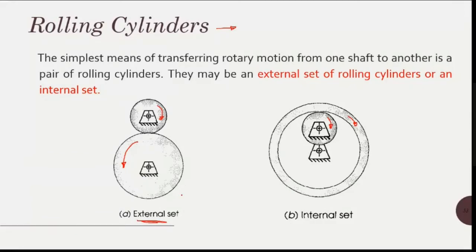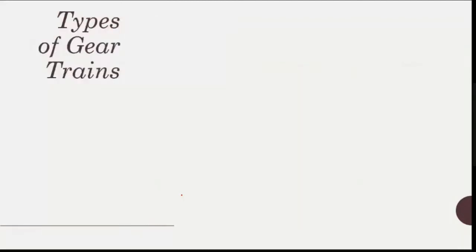So that is the internal type of gears. It depends on the particular situation, whether you can accommodate a set of gears, and then we can follow either external or internal sets. There are different types of gear trains. Number one, simple gear train.